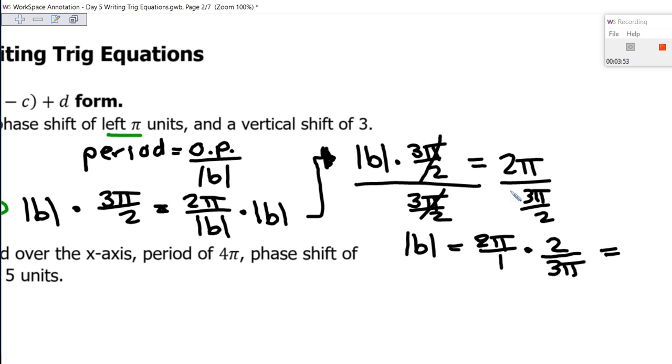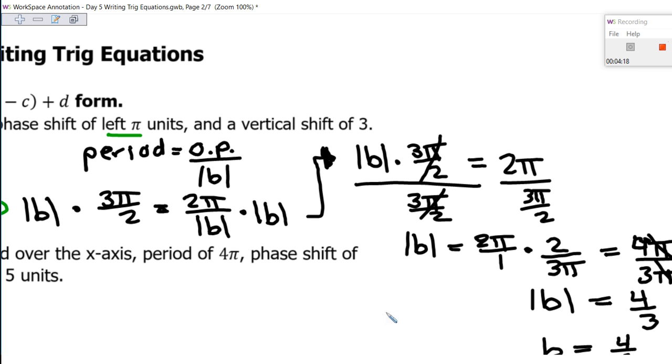And 2 pi times 2 is 4 pi. And 1 times 3 pi is 3 pi. And then pi in the numerator, pi in the denominator, those will cancel. So that gives us the absolute value of b is equal to 4/3. So if the absolute value of b is 4/3, then the b value has to be 4/3.